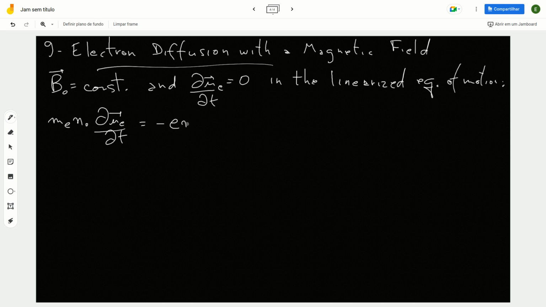Now we have the electromagnetic force will be this one. So this is added in this case, but without electric field, but we're keeping the magnetic field. And there is the gradient pressure and the collisional term.